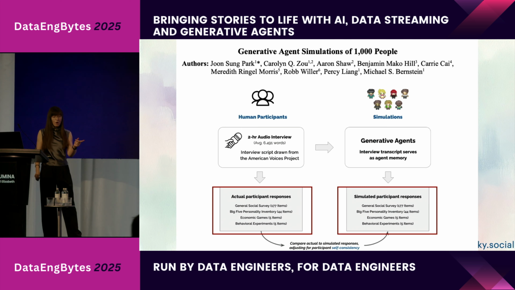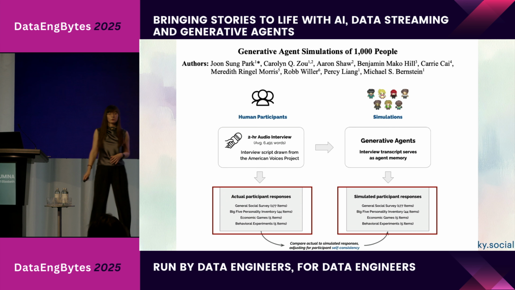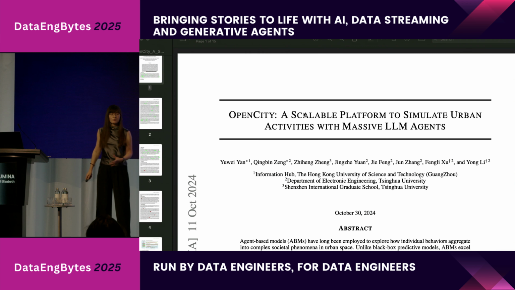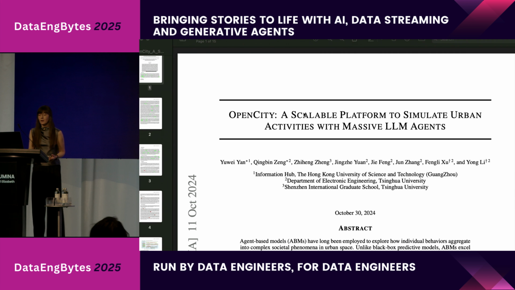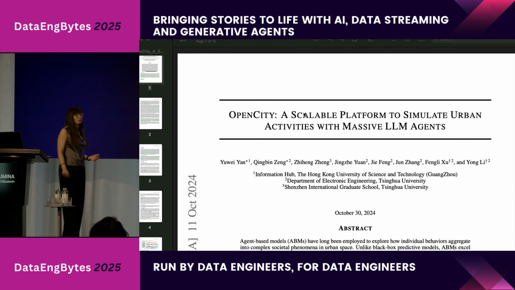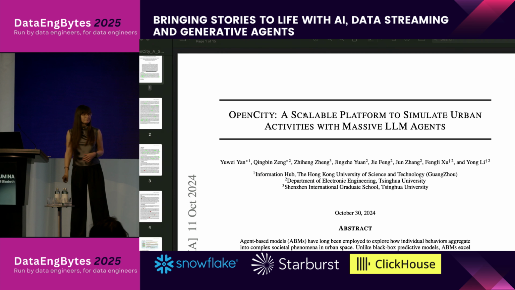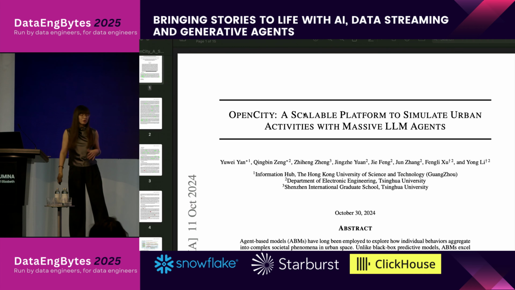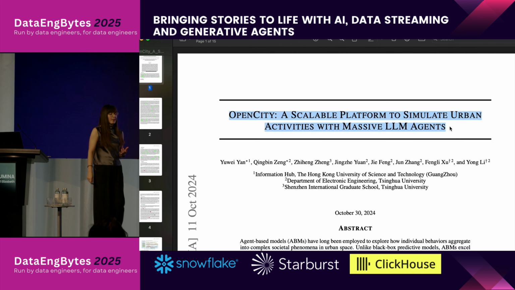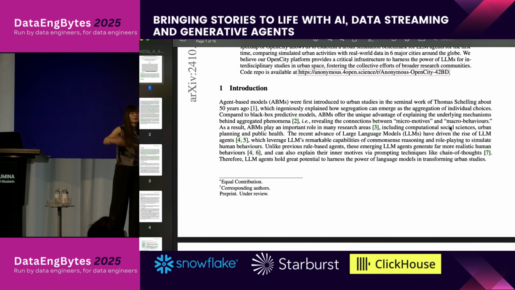Now, on another side of things, sometimes we don't really need to simulate something in such depth. Rather, we want to simulate more of the things. And for this, in the OpenCity paper, they simulated a place with up to 10,000 agents, sorry, not people, where they try to simulate some urban scenarios. The challenge here is that LLMs are evolving and of course we can make bigger and bigger requests now.